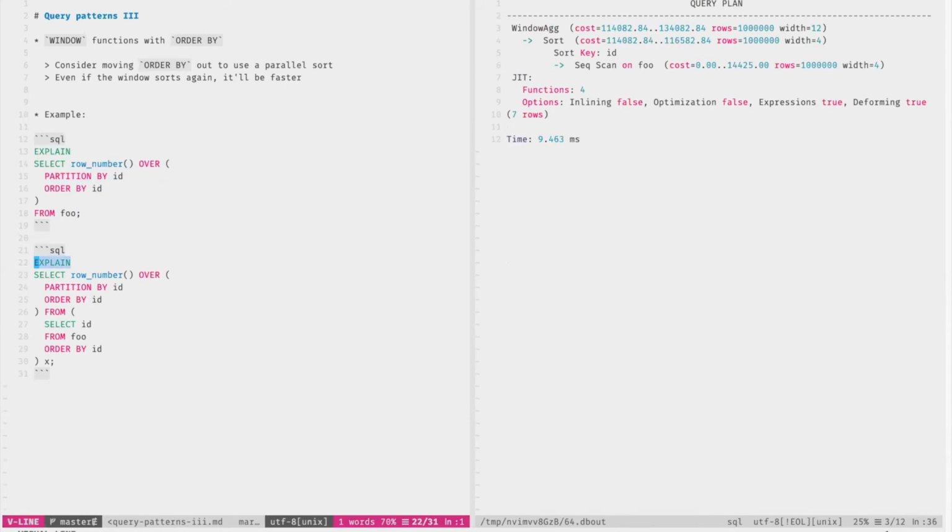If you don't feel comfortable with this and you want to keep the order by in there, that's fine. You can do this. It's maybe going to sort a second time if it doesn't recognize that this is already sorted. However, even if it does sort a second time, this will be faster than without the order by being external.